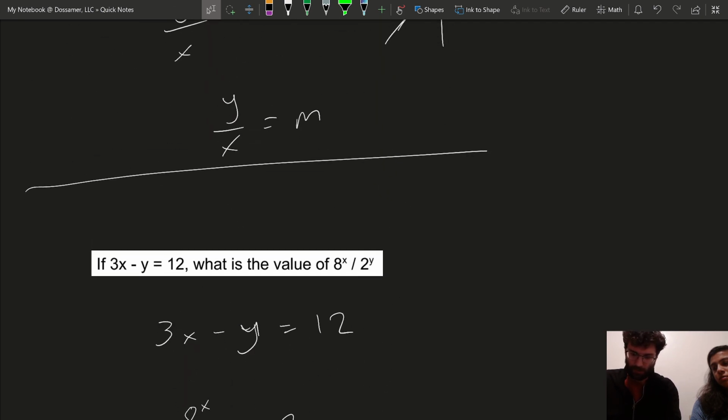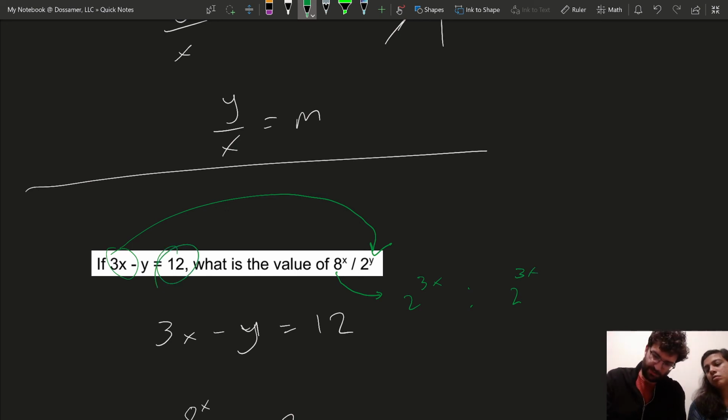It's surprising that we got an exact value. Most of the time, if you have one equation and 2 unknowns, you can't get an exact value. But this is a special case because of the relationship we were initially given, 3x minus y equals 12.